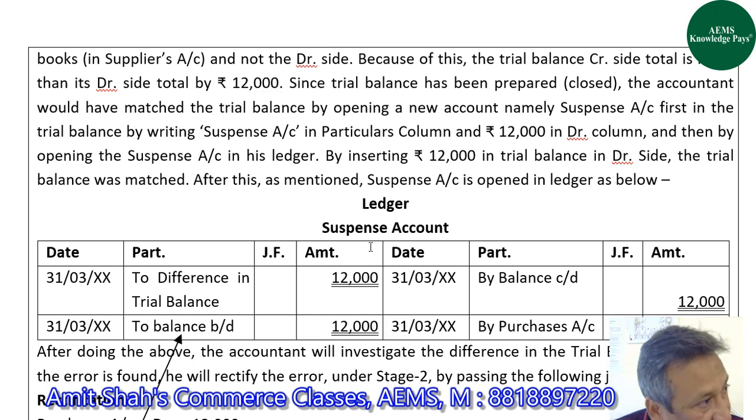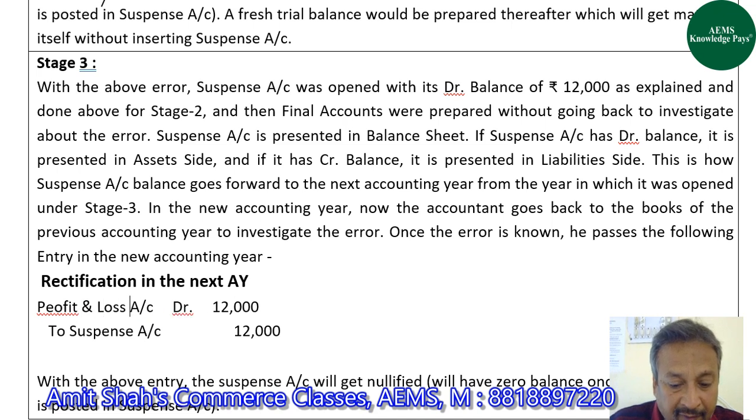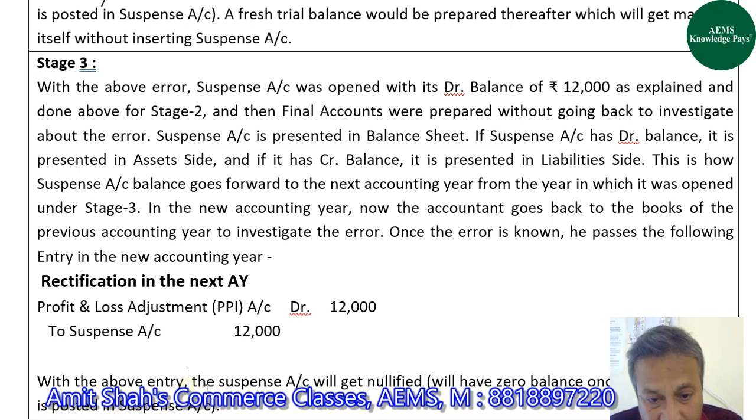Gross profit was more by 12,000, net profit was more by 12,000. So in the new accounting year we have to decrease the profits of the previous accounting year, and for that we will debit profit and loss adjustment PPI account and will credit suspense account, and with the above entry in the new year suspense account will get nullified.